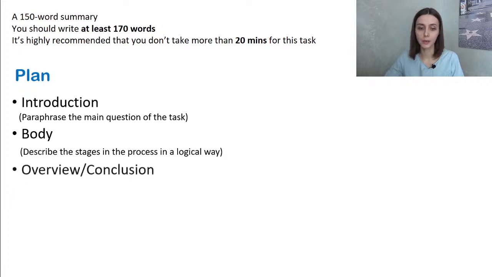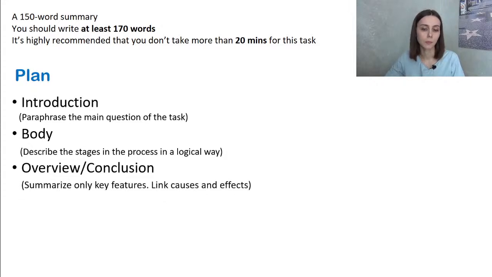Next you write the overview, or you can also call it a conclusion, where you summarize only key features and link causes and effects. We will take a look at this a little bit later because it's important and you still need the overview. It's kind of difficult here because you describe the process and what is there to say?